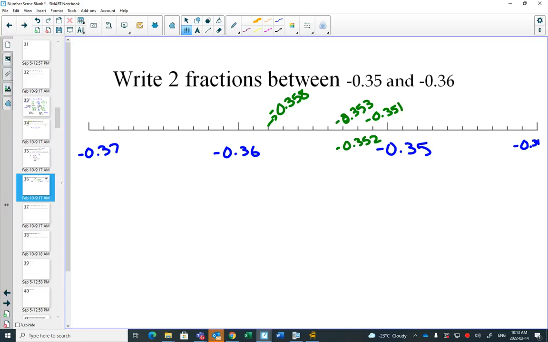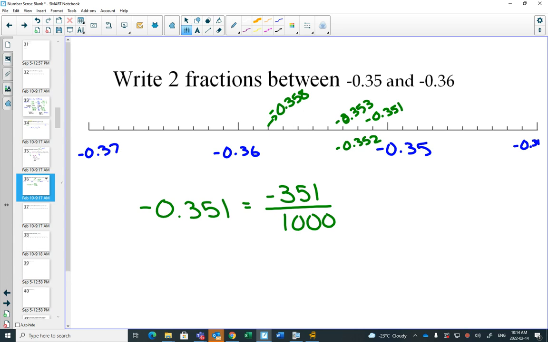Now I need to write two fractions in between here and here. And I've labeled some decimals, but decimals aren't fractions, right? So one of the answers could be negative 0.351. Do you remember how to write that as a fraction? This would be negative 351 over 1,000.